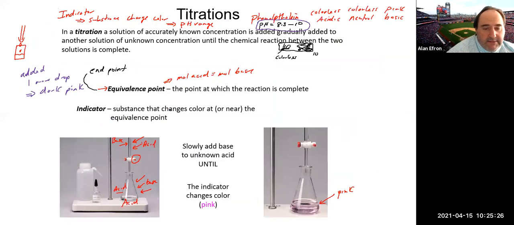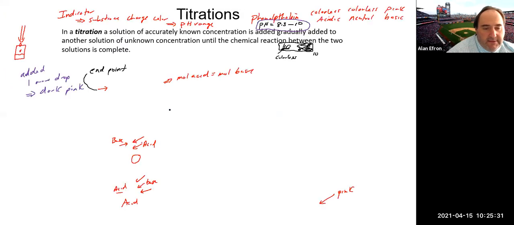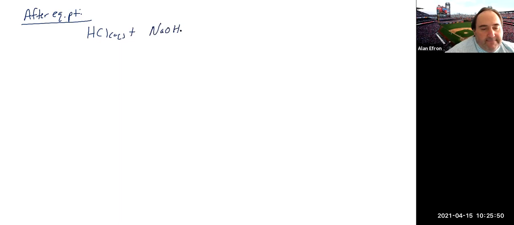And actually, let me go back here so I've got somewhere to write. So let's go after the equivalence point. After the equivalence point, we are still going to have our reaction of hydrochloric acid plus sodium hydroxide going to our water and our sodium chloride.